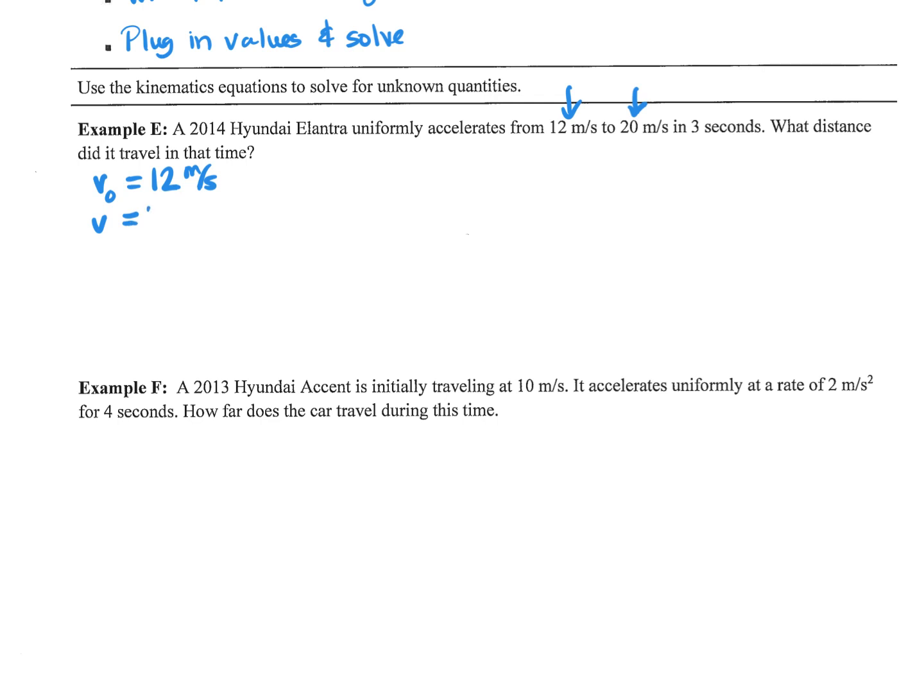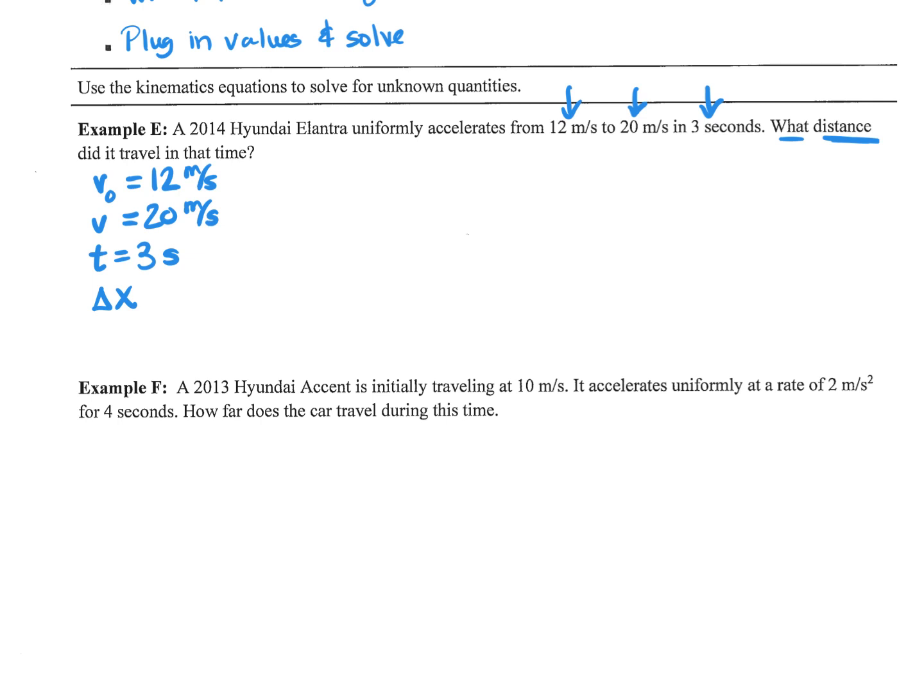So v is 20 meters per second. What does this tell me? Time is 3 seconds. What distance did it travel? So what is it asking for there? Distance it traveled means we are looking for delta x, aren't we? How much did the position change?